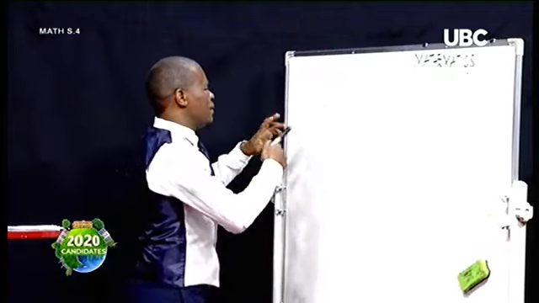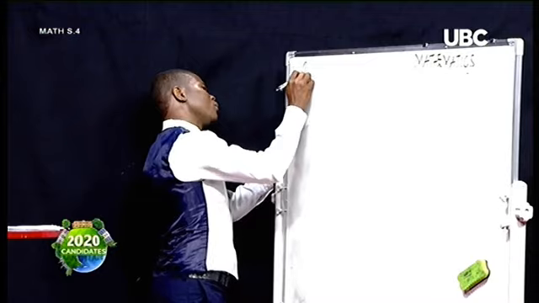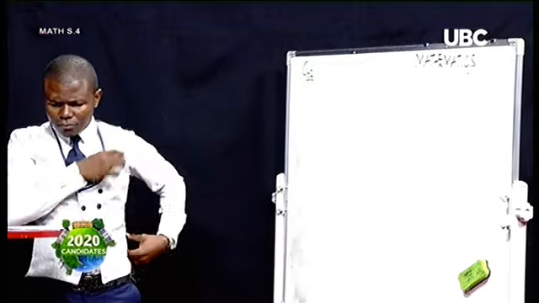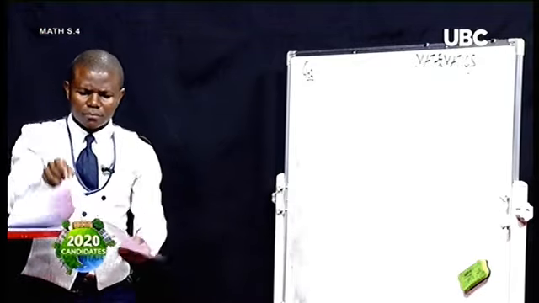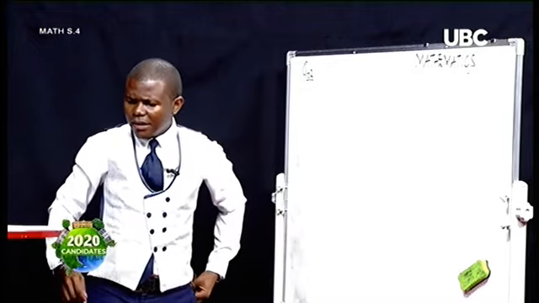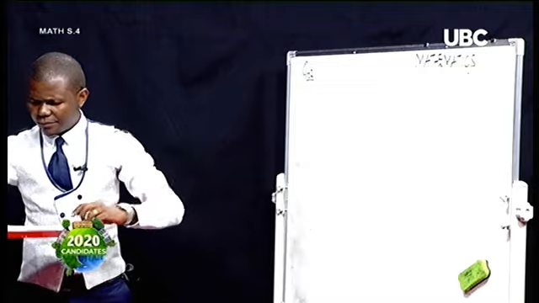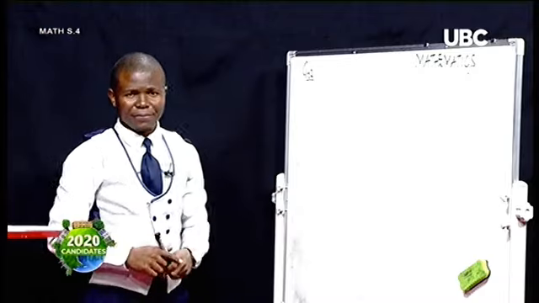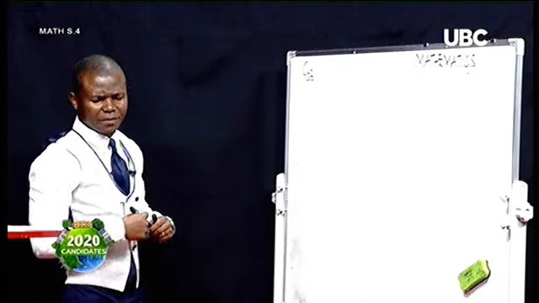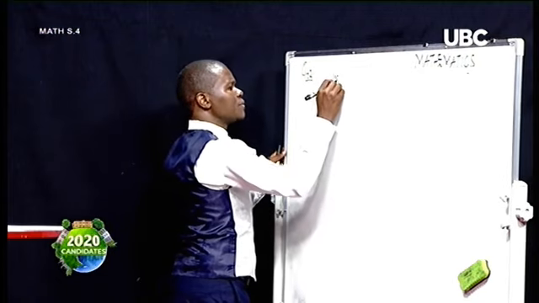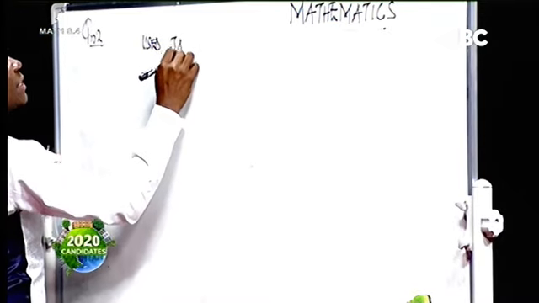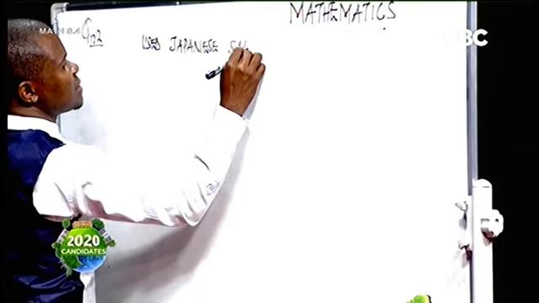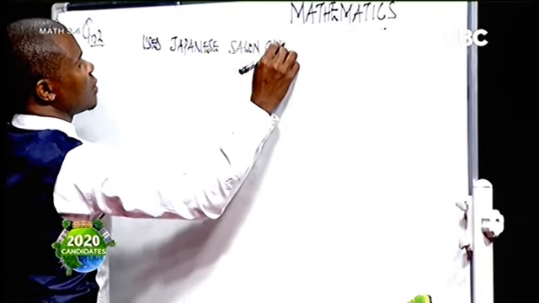Write in your book, question number 2. Write and say, the following advert was at a car bond, and the advert runs like this: used Japanese saloon cars on sale.